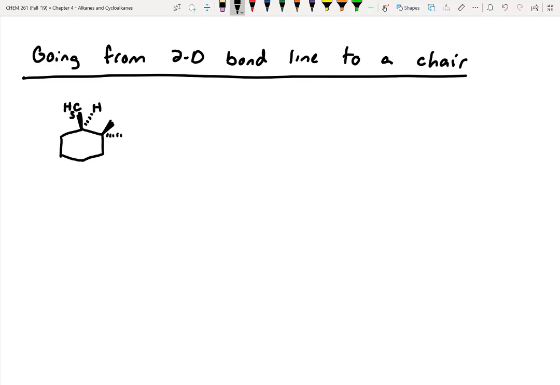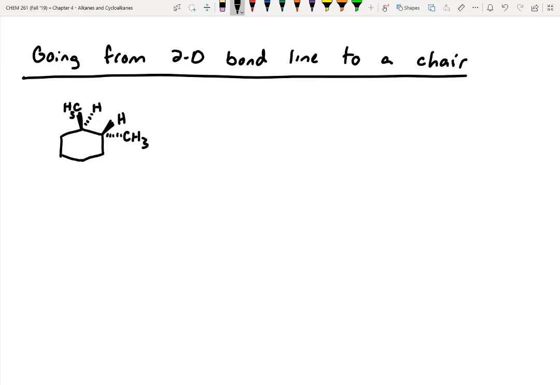And off of the dash, I'm going to have my CH3, and then I'll put my hydrogen off of the wedge. Do I need to really worry about the other groups as much if it's all hydrogens? No, not really. Typically, I like to show dashes and wedges when we've got 4 different types of groups attached on there, and we'll talk more about that next chapter.